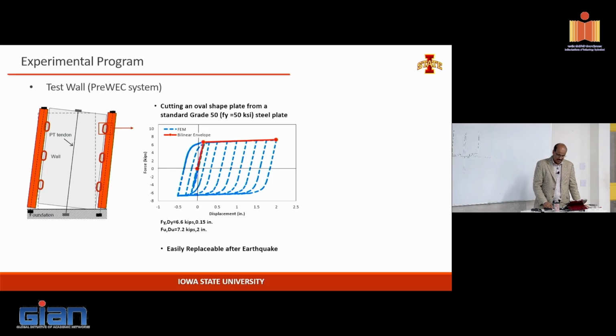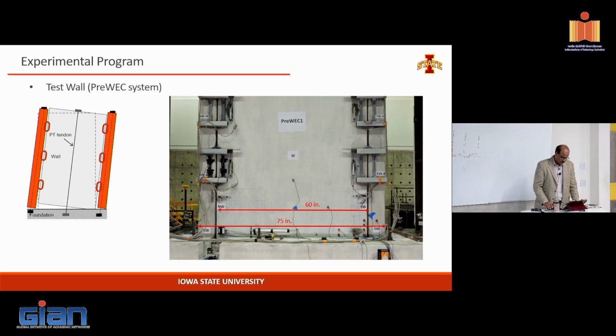The only concern with the O connector is that you want this to be performing in the in-plane direction. You don't want it to be moving in the out-of-plane direction. You have pretty slim plates, so they have a tendency to buckle outwards. Once they buckle outwards, it's hard to control the behavior. So we typically would provide restraint like what you see here.